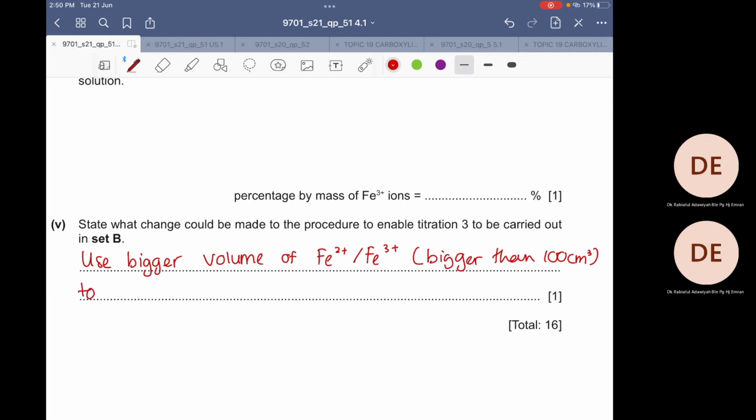To increase the number of moles so that less manganate ion will be used.